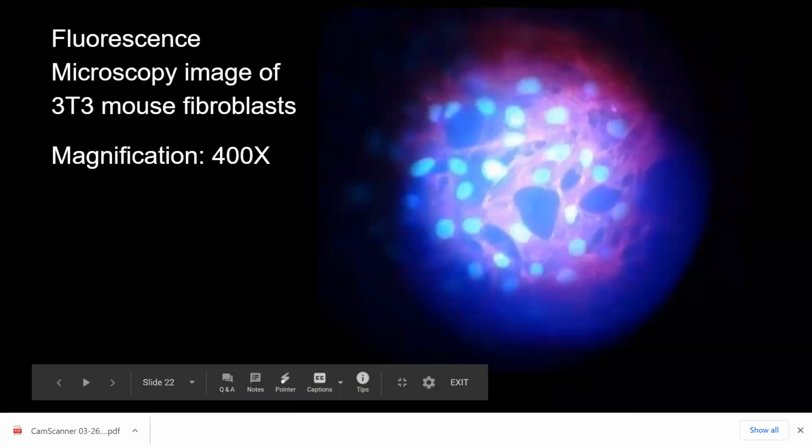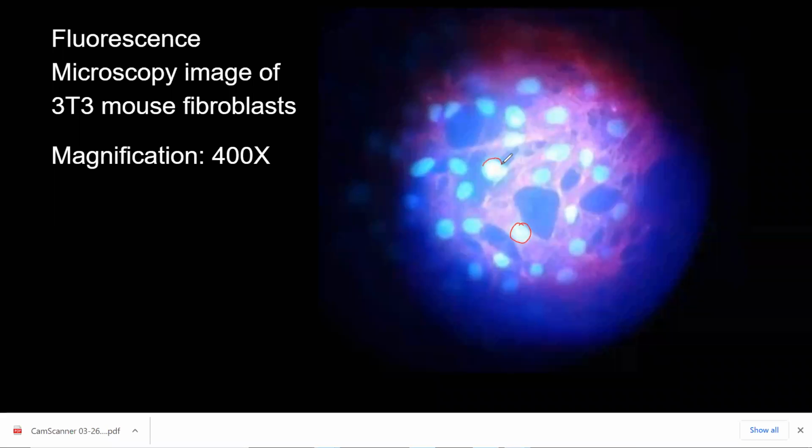So here, the light blue that you're seeing pop up like here and here, that dye bonded onto the genetic material of the cell. So what you're seeing pop up in light blue is the nuclei of all the different cells. And the red that you're seeing in the background is bonded to the cytoskeleton of these mouse fibroblasts. So you're seeing the actual cytoskeleton light up.